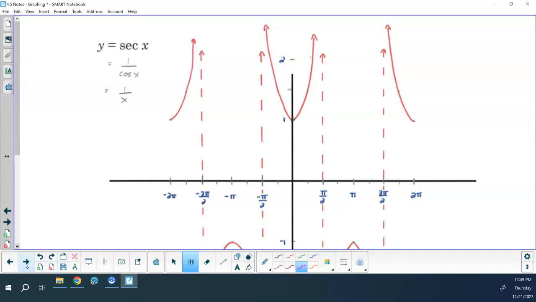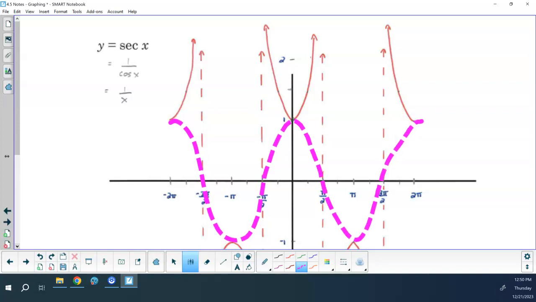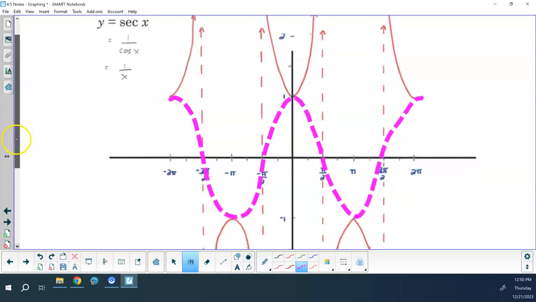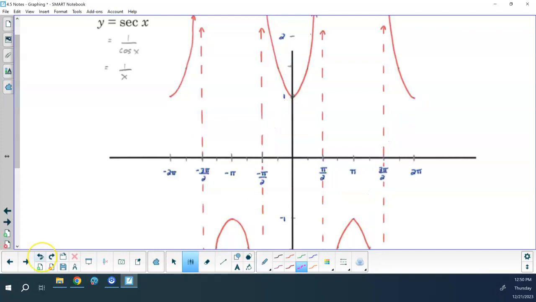If I were to put the cosine graph on here, it would look like that. So since cosine lives between negative 1 and positive 1, that means secant also can't live there. Okay? Good?